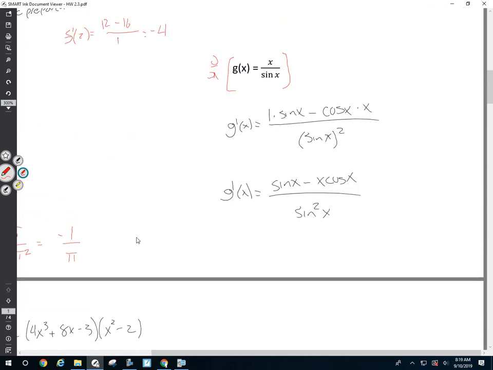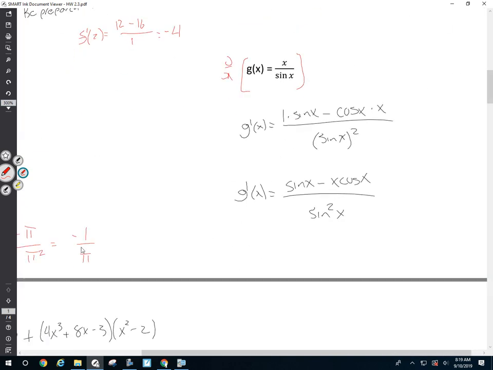And H prime. Okay, got to do this G. G prime of pi. Sine of pi is 0. Minus pi cos pi. That'll be a positive 1. I'm going to have a 0 in the denominator. So this is a good example. I end up with positive 1 over 0, or 0 squared.